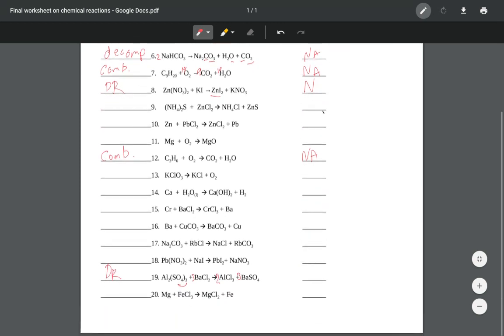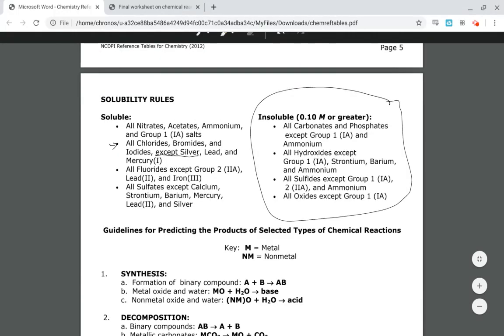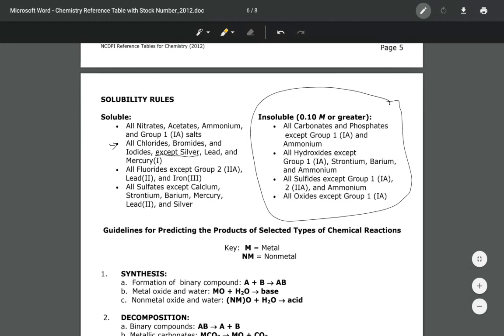And then the last one to look at is number 19. It's a double replacement reaction. We check and look at things here. We've got our 2 products are aluminum chloride. Well, all chlorides are soluble except silver, lead, and mercury. So aluminum chloride is soluble.